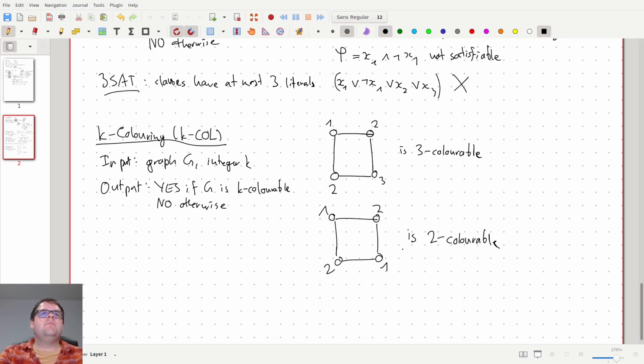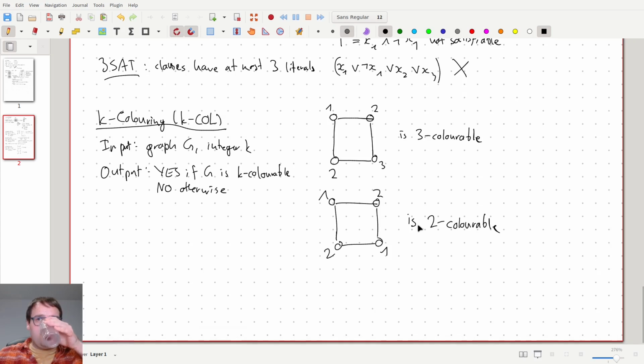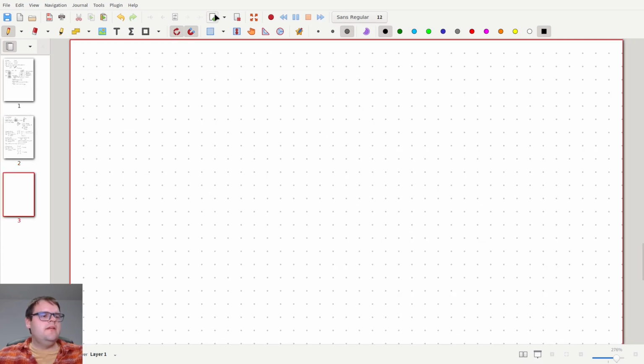So to recap, the K-coloring problem looks at graph G and answers the question of whether you can color it using K colors. That's the idea, right? Cool, then let's move on to the next one. So the next one is going to be vertex cover, or VC for short.